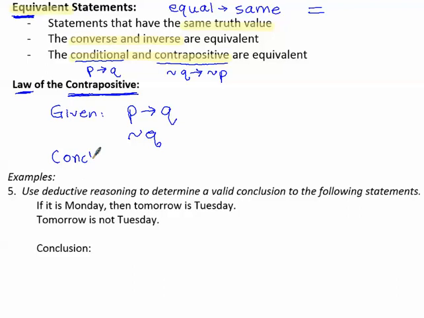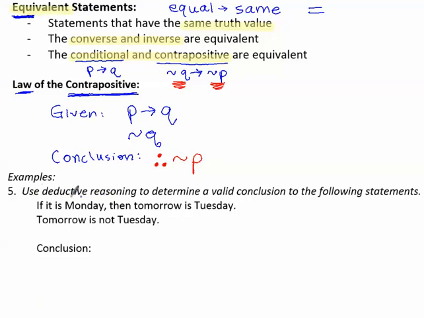What would be the conclusion, meaning what part of the contrapositive do we still have? So remember, to conclude an argument, we put the three dots that mean therefore. So notice we went P arrow Q. We started with not Q for the contrapositive, so we end with not P. So therefore, not P.